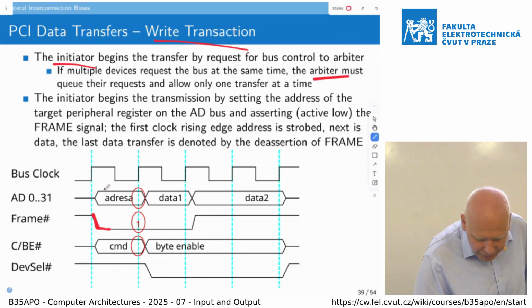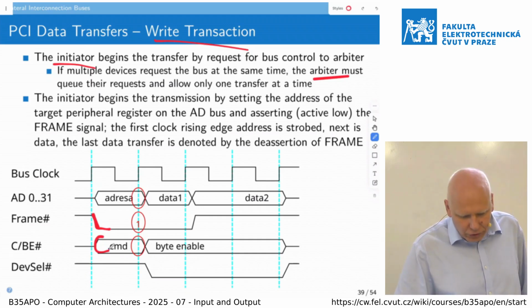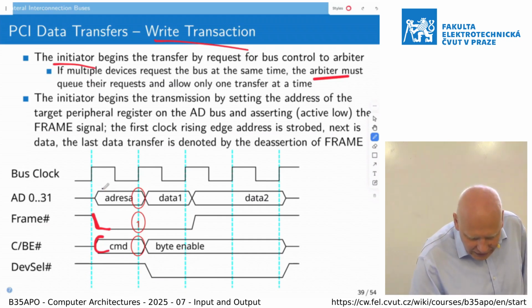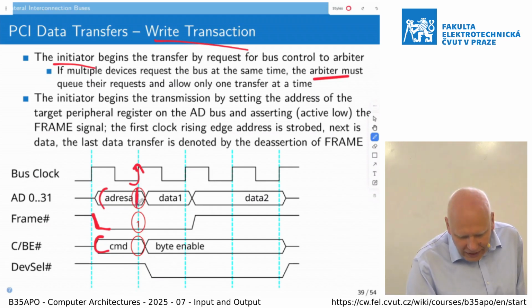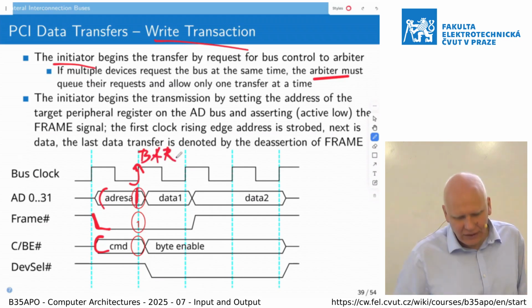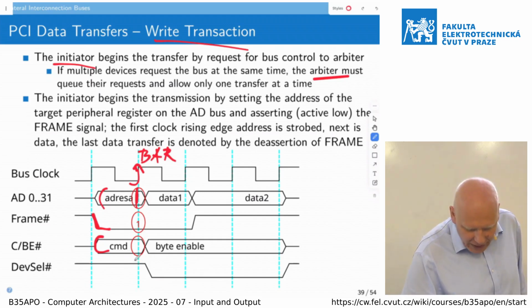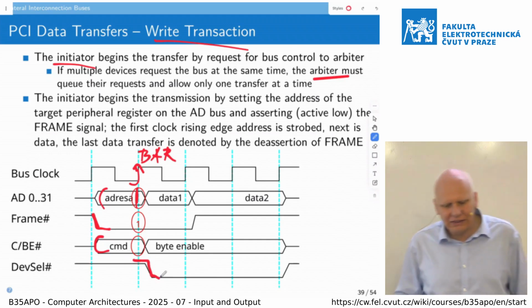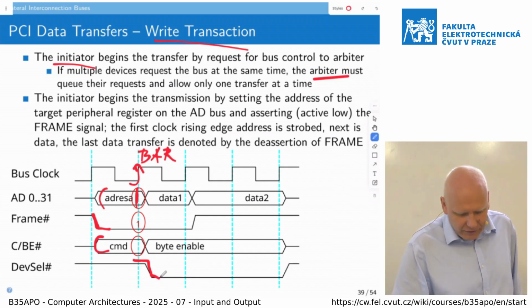And it provides on the command wires the information that it should be a write transaction, and it sets up the address. And at the rising edge here, all the peripherals connected to the bus compare the address to their base address registers, and if the address matches, then the given peripheral informs by the device selected signal that there is somebody who will receive data.